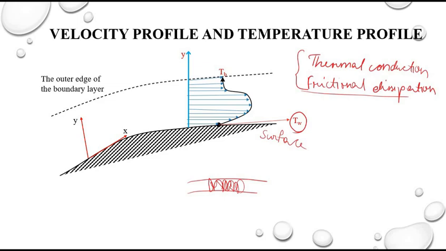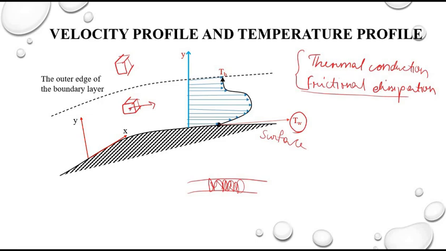Now, if we want a deeper look into this frictional dissipation, what happens is, as long as a fluid element is moving along a streamline inside the boundary layer, for example, let us consider we have a fluid element over here inside a boundary layer. It is moving at its own pace in the x direction.